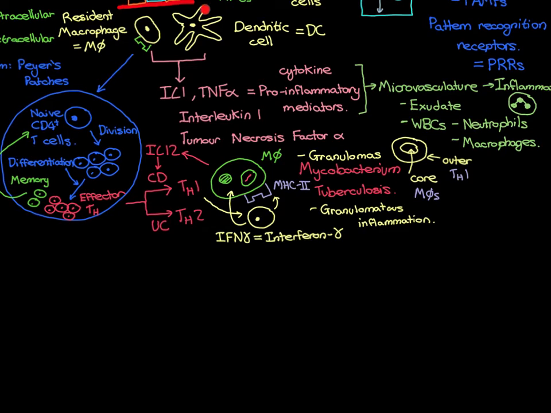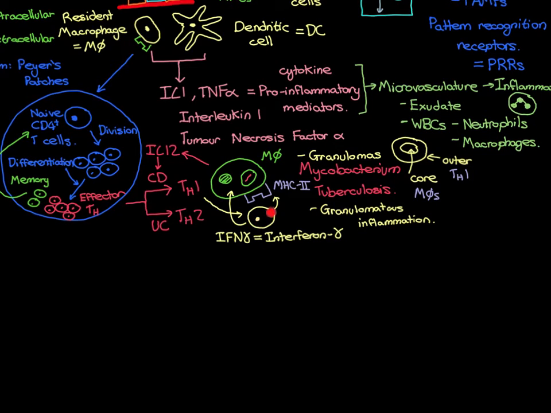So when the antigen-presenting cell knows that the pathogen is difficult to break down, it will present peptide fragments to the naive CD4 positive T cells, and it will release interleukin-12 to make sure that when you get the T cell activation, the effector helper T cells differentiate into T helper 1 type effector helper T cells.